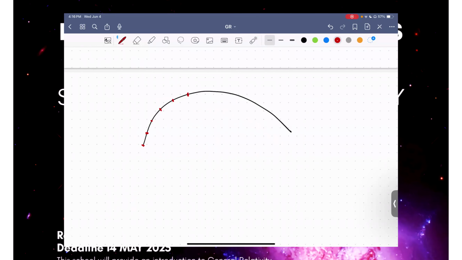Okay, you do this everywhere so that you can basically say that this distance is just a tangent vector from this point to this point. And this distance is just another tangent vector. This is just another tangent vector. So this is kind of like a triangulation of a curve by small straight segments.